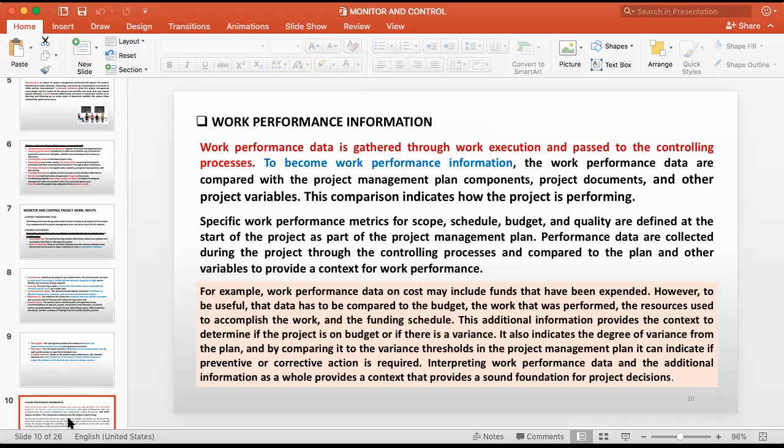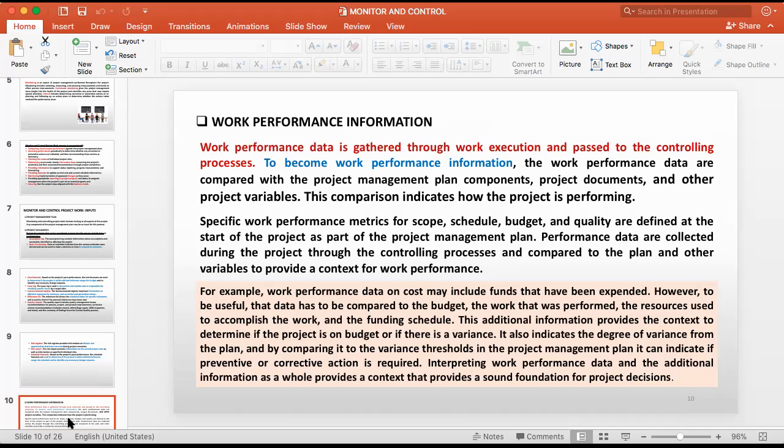However, to be useful, the data has to be compared to the budget, the work that was performed, the resources used to accomplish the work, and the funding schedule. This additional information provides the context to determine if the project is on budget or if there's a variance. It also indicates the degree of variance from the plan, and by comparing it to the variance threshold in the project management plan, it can indicate if preventive or corrective action is required.